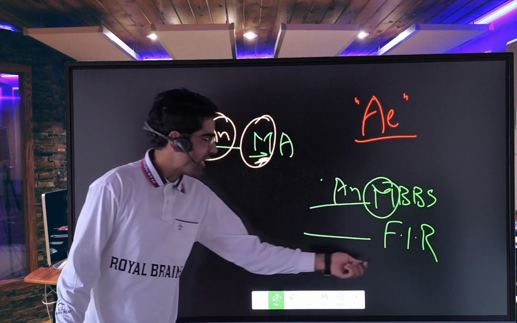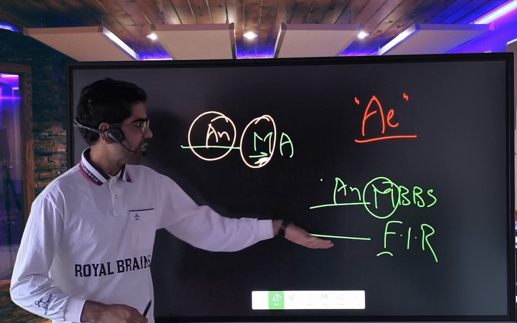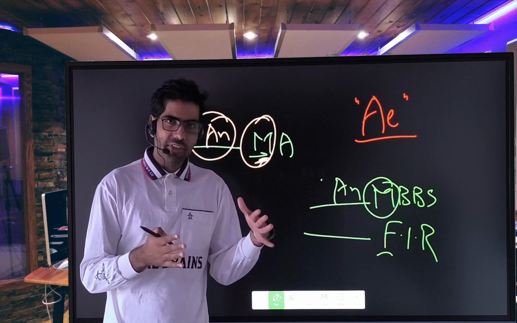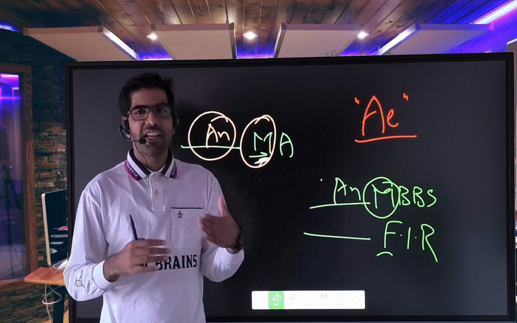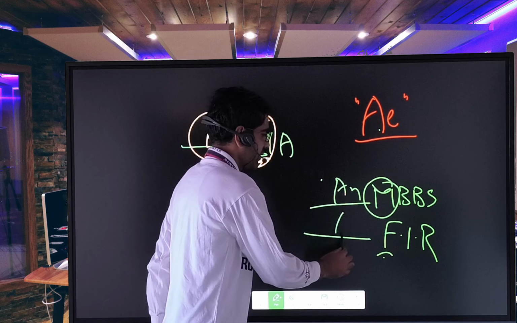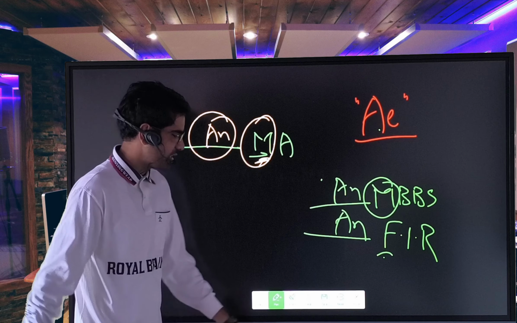"FIR". Is F a vowel letter? No. Does it produce a vowel sound? Yes, "ef". We don't pronounce it as "f", no, "ef". So use here article "an". Got it, dear students? So let's move ahead.